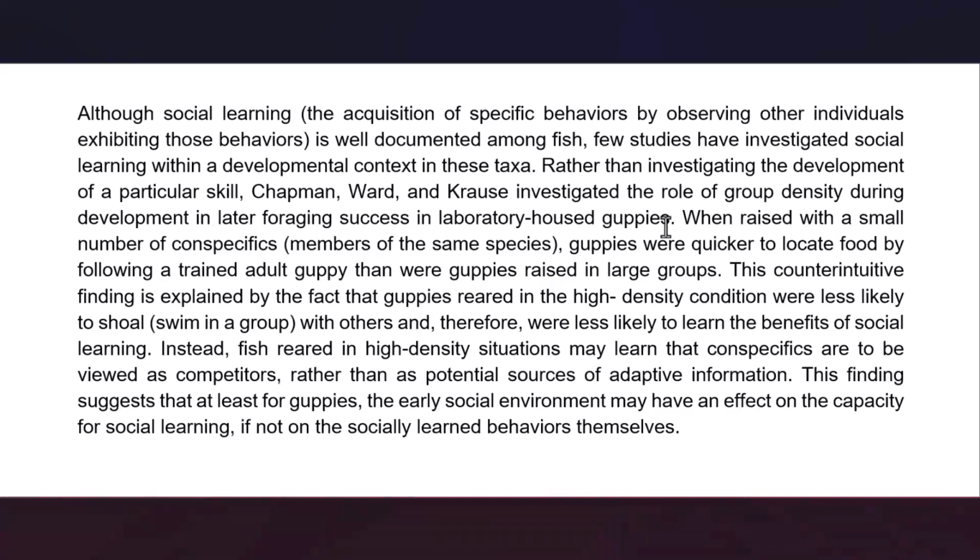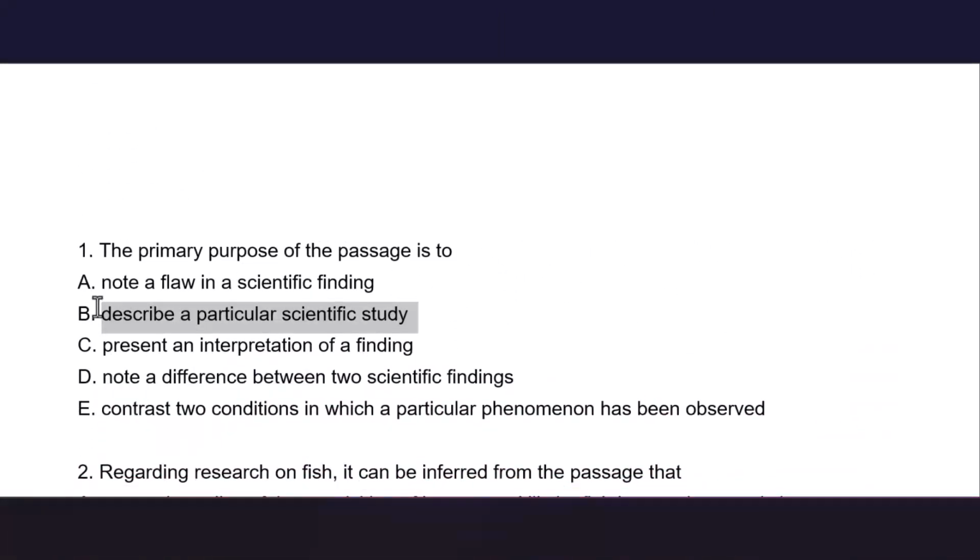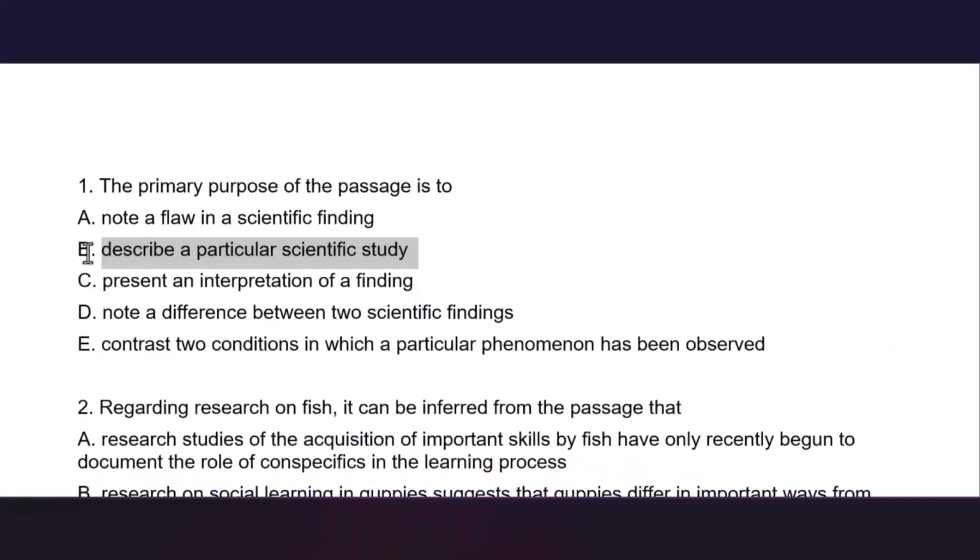So it is indeed a particular study, and it seems that choice B is the correct option. But in order to make sure, we need to check the remaining options and reject them if we find them incorrect.